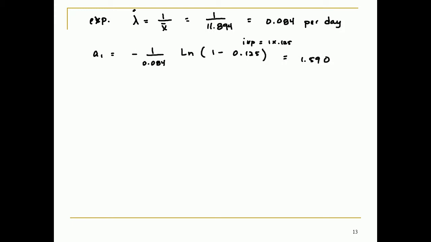Okay, so the first interval for our chi-square test goes from 0 to 1.590. This is our first interval.